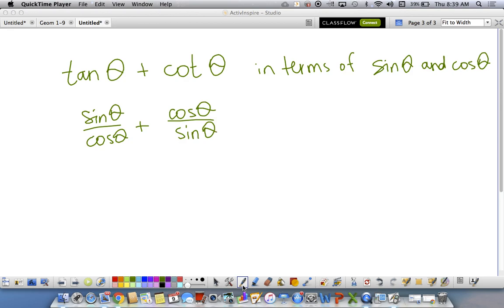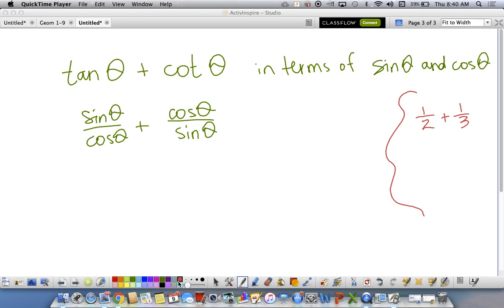Now, how do we simplify fractions with different denominators? What in the world do we do when we add 1/2 plus 1/3? You're adding. It's addition. So my little thought bubble: 1/2 plus 1/3. What do we do? Common denominators.